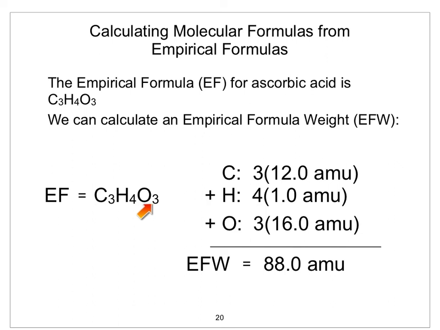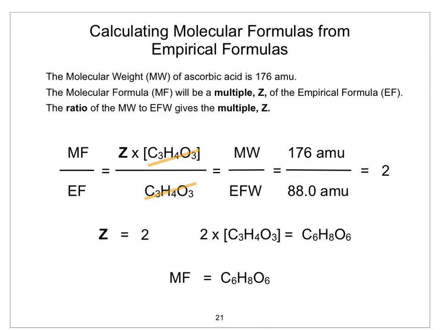We first calculate the empirical formula weight based on the empirical formula as shown. This gives us an empirical formula weight of 88.0 AMU. Once we have the empirical formula weight, we'll need to know the actual molecular weight.